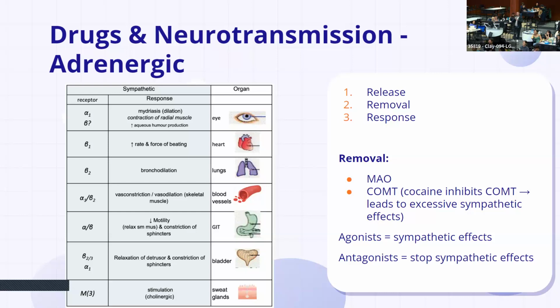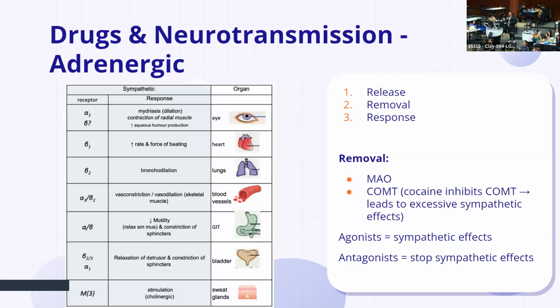So in terms of the image on the left-hand side, I know it's not this semester, but it is helpful. You can see that in terms of adrenergic receptors, we have alpha and beta receptors. Our alpha and beta receptors act at different organs, and they do different things. But say, for example, if we look to the second row down, if we have a beta-1 agonist, then it's going to create sympathetic effects. A beta-1 agonist is at the heart, so it's going to increase the heartbeat because our sympathetic nervous system is increasing the heartbeat.